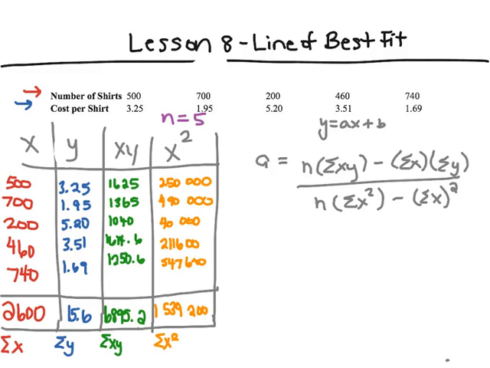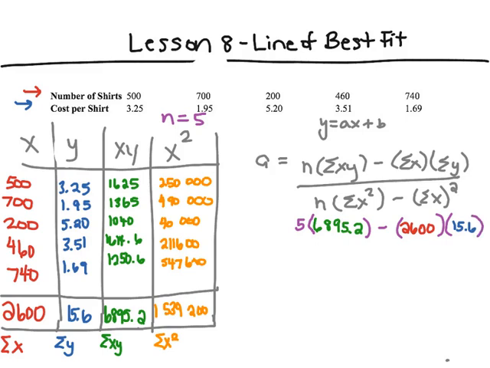Also our n value is 5 pieces of data. So we have 5 times the sum of xy, which is 6,895.2, minus the sum of x, which we got to be 2,600, times the sum of y, which we got to be 15.6.